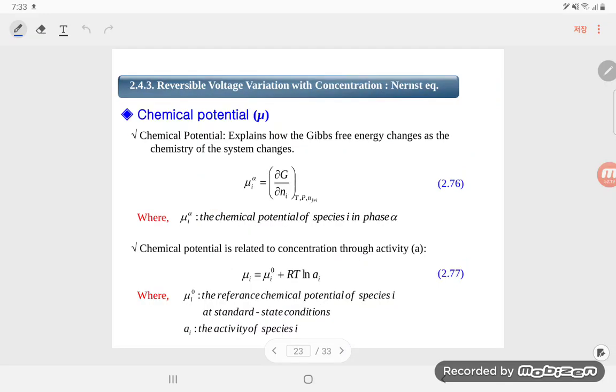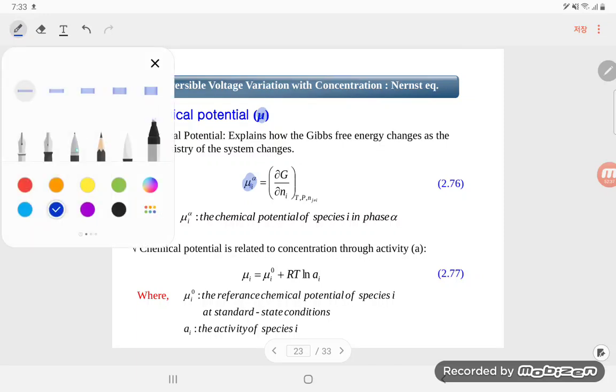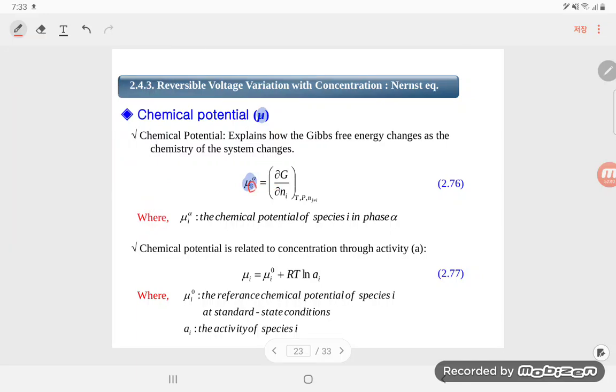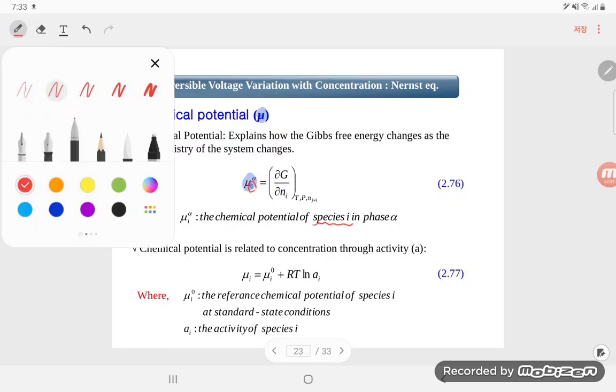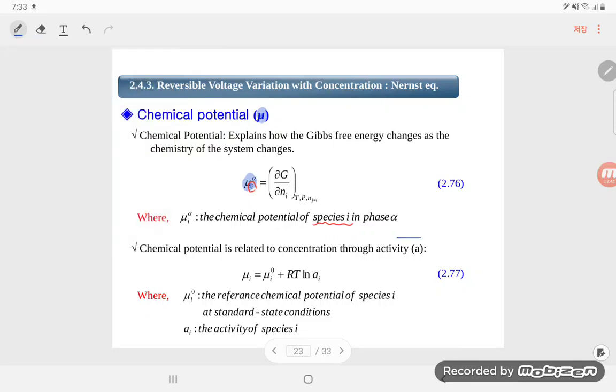And finally, the chemical potential. The chemical potential explains how the Gibbs free energy changes as the chemistry of the system changes. So this is the chemical potential of species i in the phase of alpha, liquid or gas. And what is this one?